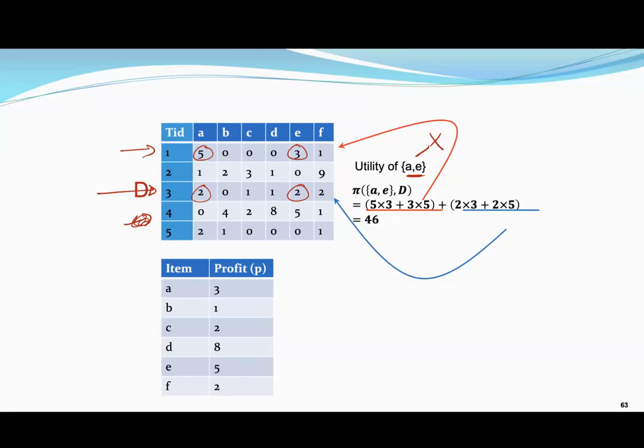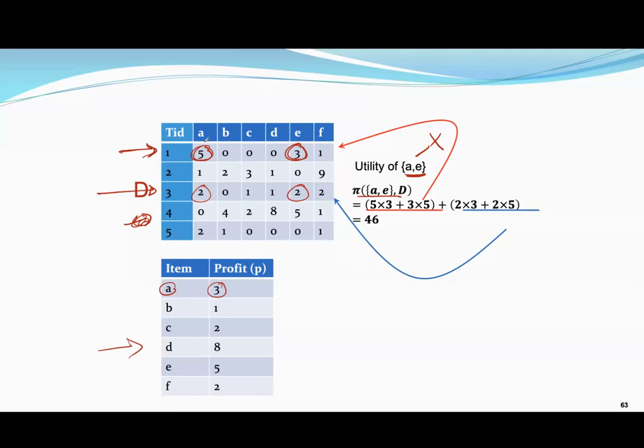So what is the utility of the item set AE across all the transactions in the data set? Well, let's check. Transaction 1 sells 5 units of A and 3 units of E. And let's say this is the profit table. For each unit of A sold, we make 3 units of profit.